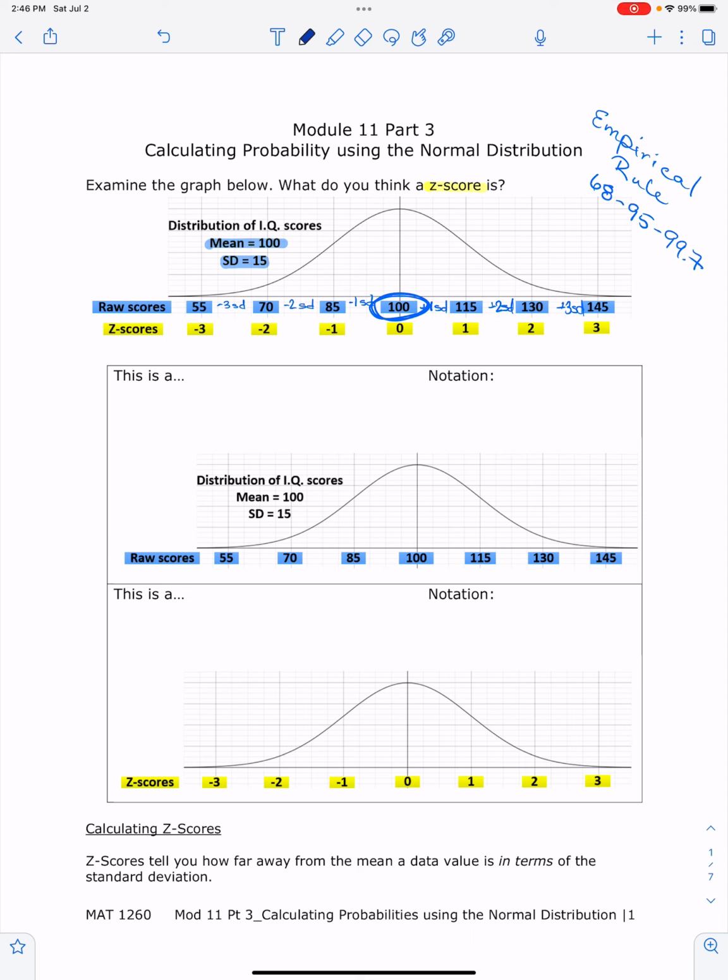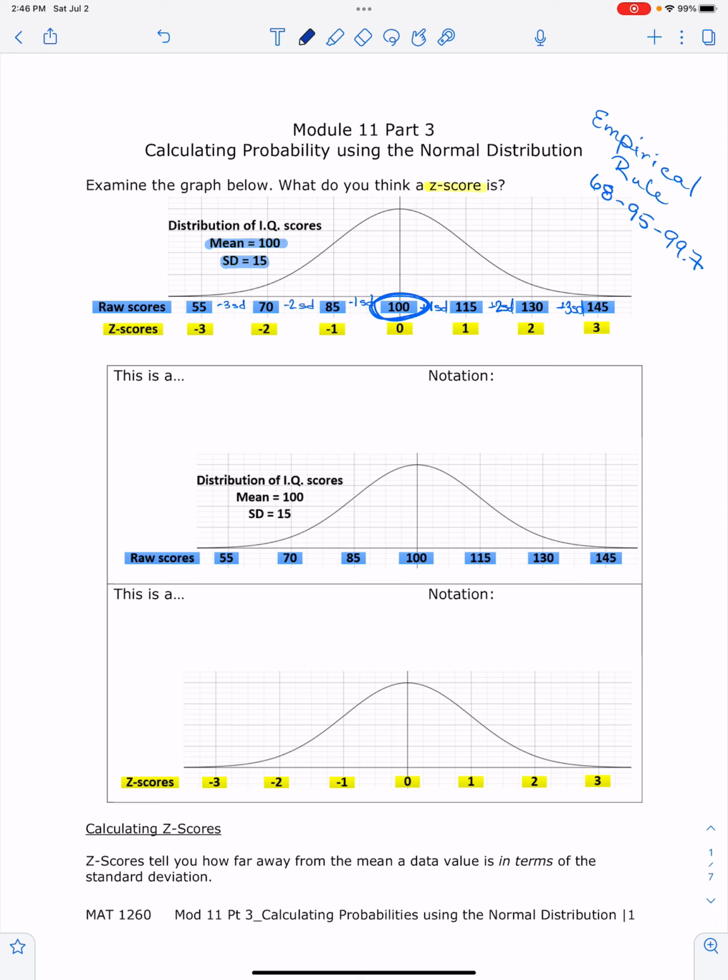Notice that was 1 standard deviation above the mean. Our 130, which we found by adding the standard deviation to the mean twice, has a z-score of 2. And that 145 has a z-score of 3. It is 3 standard deviations above the mean.